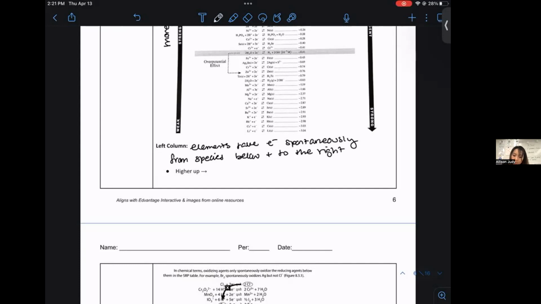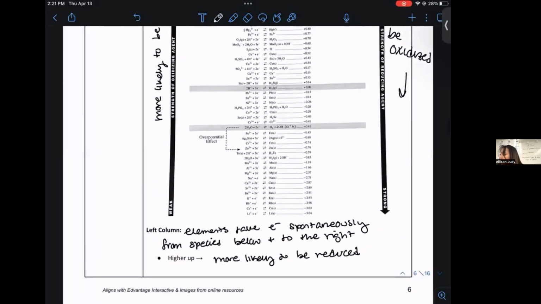So the higher up, the more likely to be reduced, like what I said.